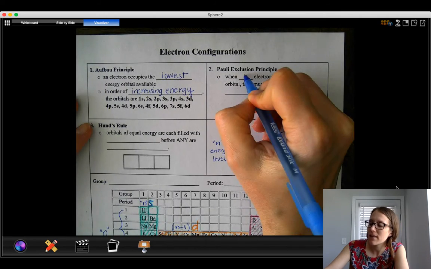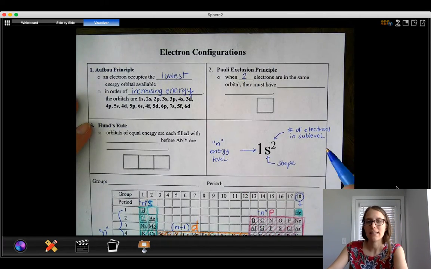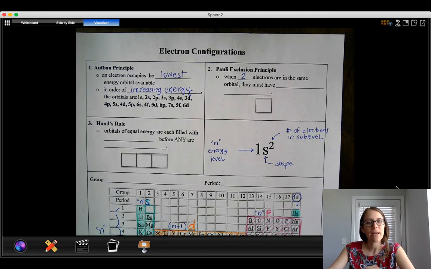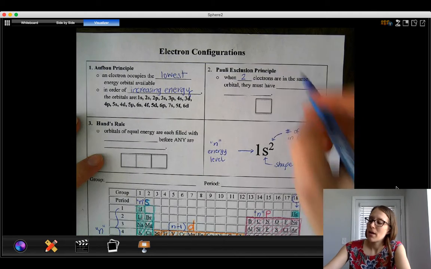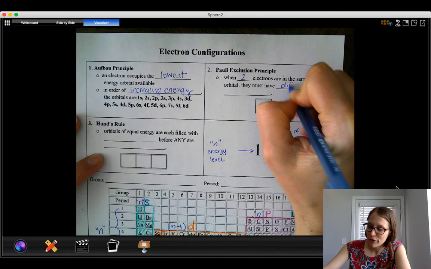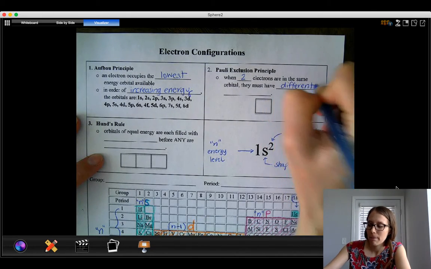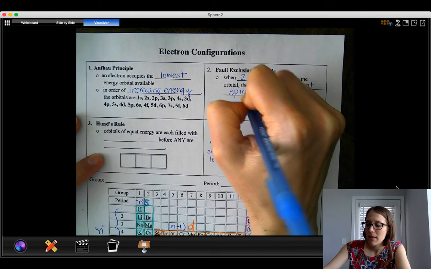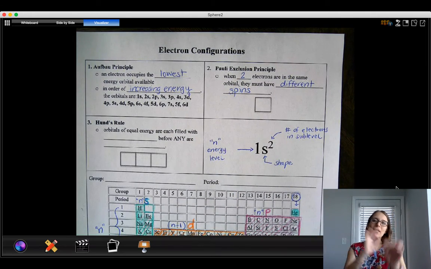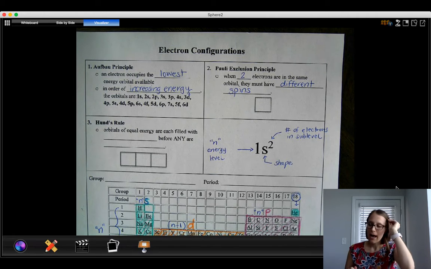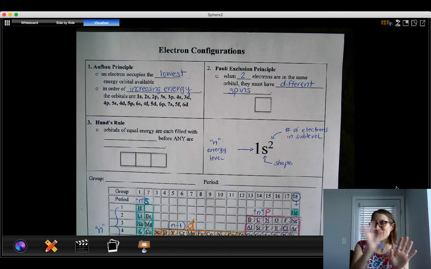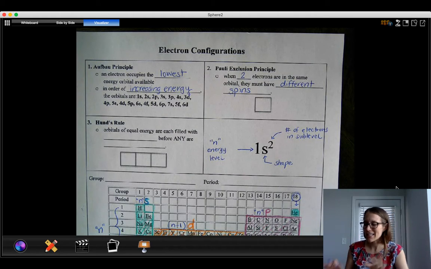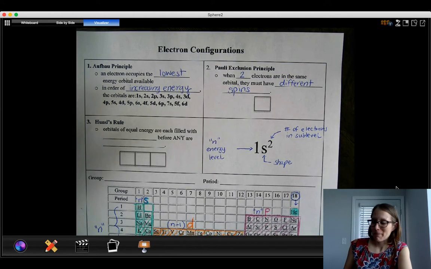And so if I'm saying that there are ever 2 electrons in the same orbital, like when I say 1s2, there's 2 electrons in the s orbital, they must have what are called different spins. And what that really means is that the 2 electrons are moving independently of each other, and it was typically thought of as kind of being like one's moving clockwise and the other's moving counterclockwise, which isn't exactly true, but that's kind of where that started from.